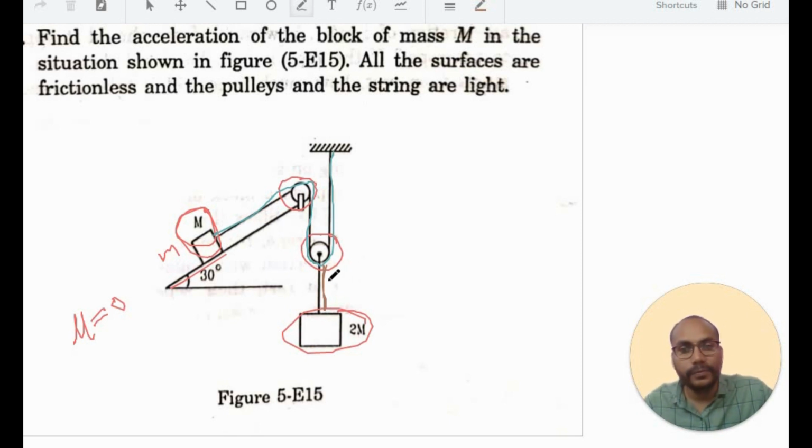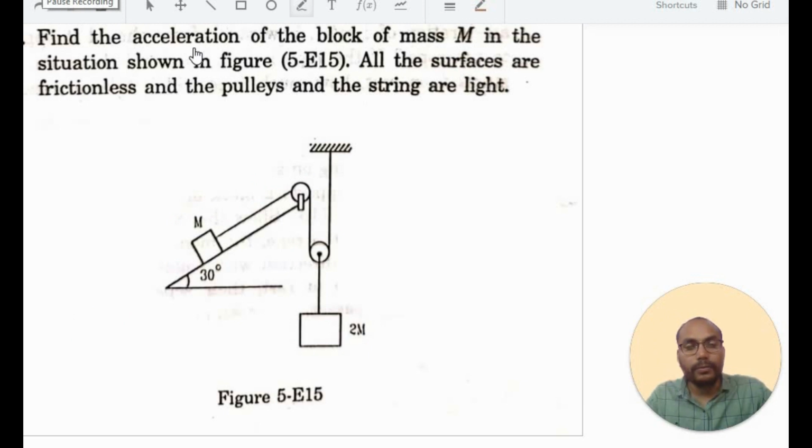So we have two different strings, so we'll get two different tensional forces for two different strings. Say we have tensional force T1 at the first string and tensional force T2 at the second string. Now we are going to draw the free body diagram for this figure.